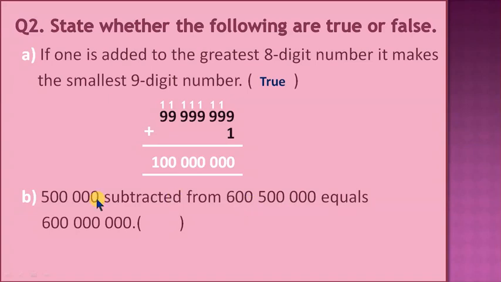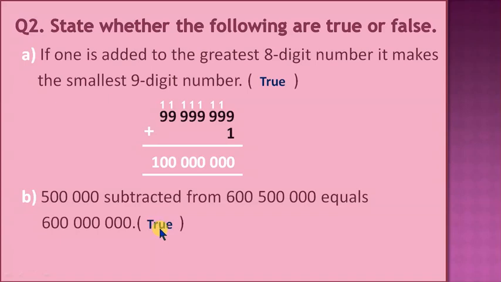So when you subtract 500,000 from this value, 500,000 minus 500,000 becomes 0. So what will be your answer? The answer is 600 millions. Simple. You can see here 600 millions. It means that this statement is true.